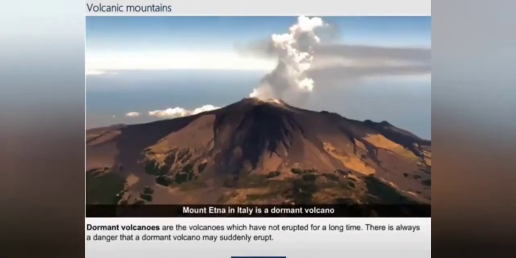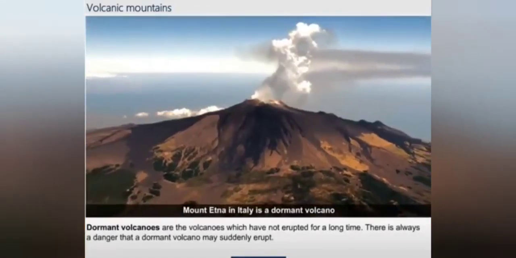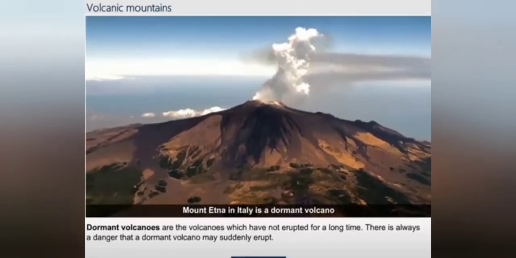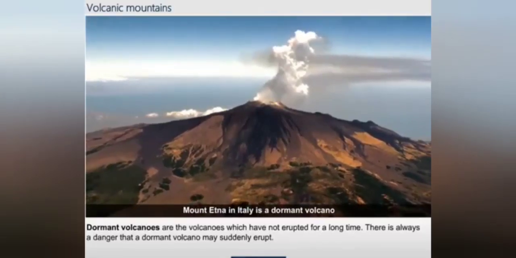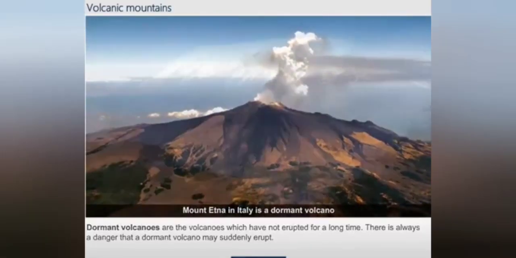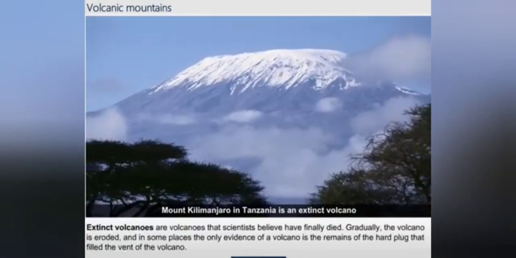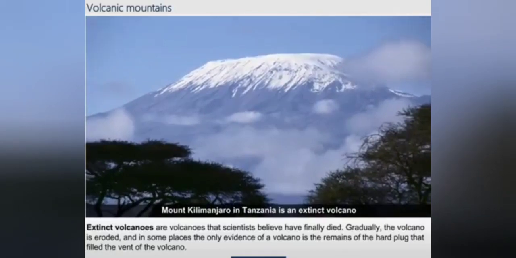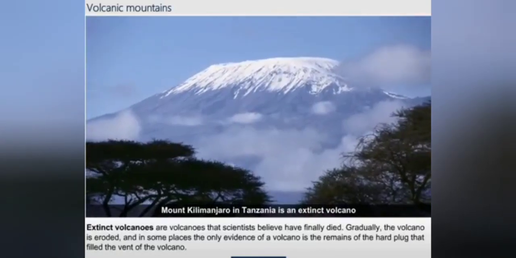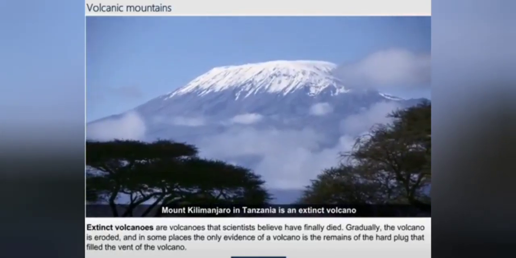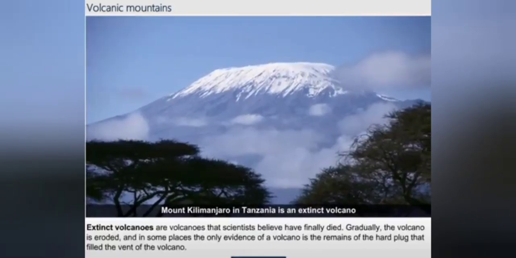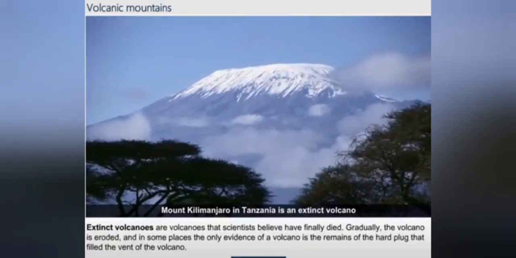Dormant volcanoes are the volcanoes which have not erupted for a long time. There is always a danger that a dormant volcano may suddenly erupt. Extinct volcanoes are volcanoes that scientists believe have finally died. Gradually, the volcano is eroded, and in some places, the only evidence of a volcano is the remains of the hard plug that filled the vent of the volcano.